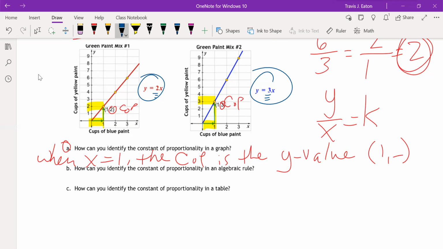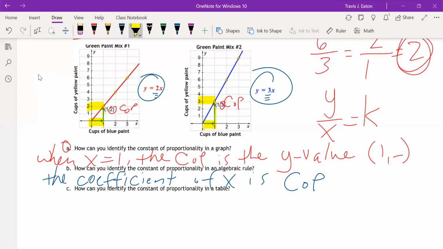The coefficient is the number that is multiplied by x. So in an algebraic rule, if you have to remember what a coefficient is, you might want to write it off to the side. That's the number that is multiplied by a variable. The coefficient of x is the COP, the constant of proportionality.